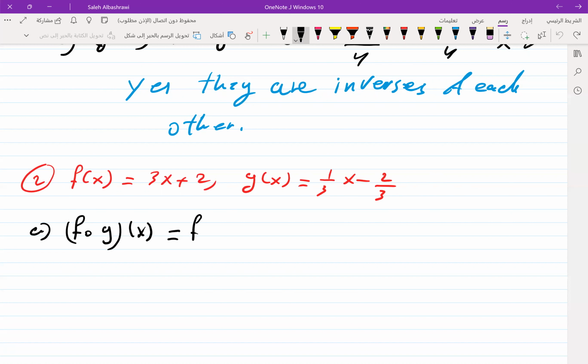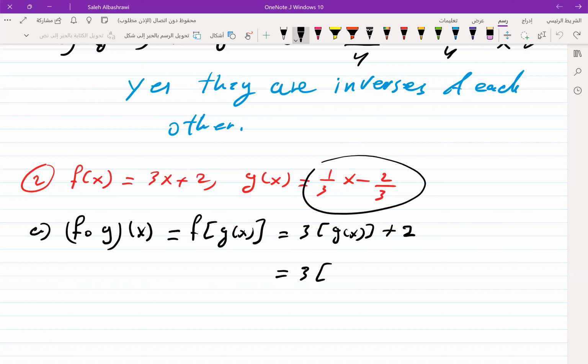This is f of g of x. I'm going to replace any x in the function by g of x. So this will give me 3 multiplied by g of x plus 2, which is equal to 3 multiplied by (1/3 x minus 2/3) plus 2.